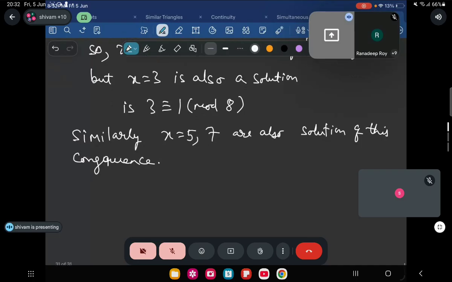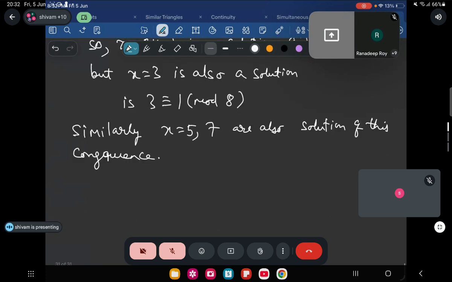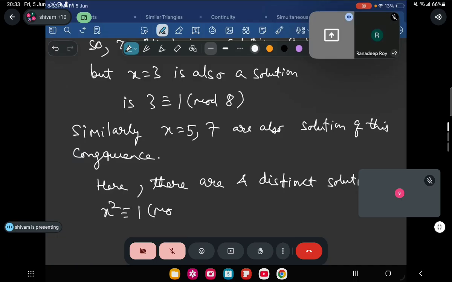So over here, how many solutions does it have? Over here there are 4 distinct solutions of x square is congruent to 1 mod 8.